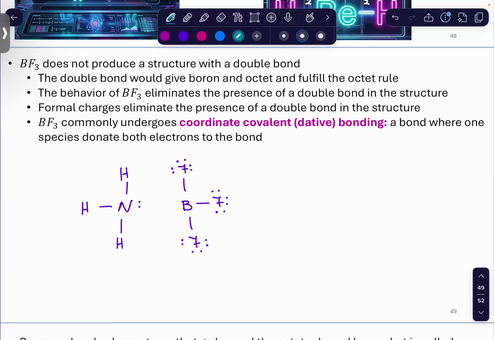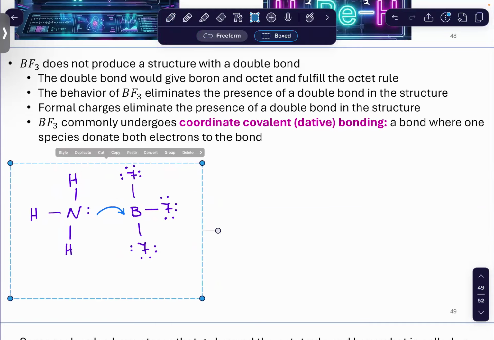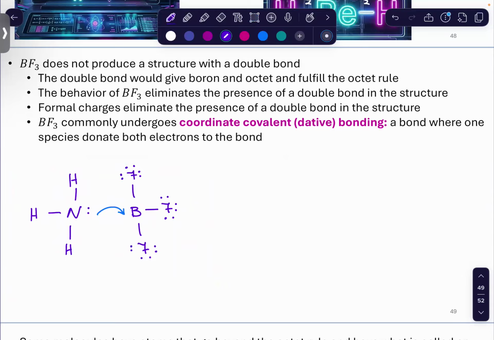What we find boron trifluoride does a lot is it will coordinate covalent bond with the ammonia, where the ammonia provides both of the electrons for the bond, and we end up with a new compound.